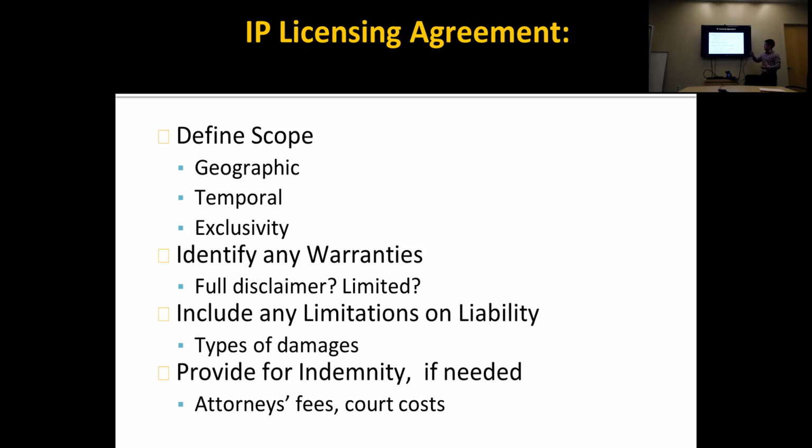When it comes to warranties, this is super important for the licensor, the person who is licensing their IP to someone else. These go hand in hand with the limitations of liability. If I say that I own the copyright to Mickey Mouse, I better own the copyright to Mickey Mouse.